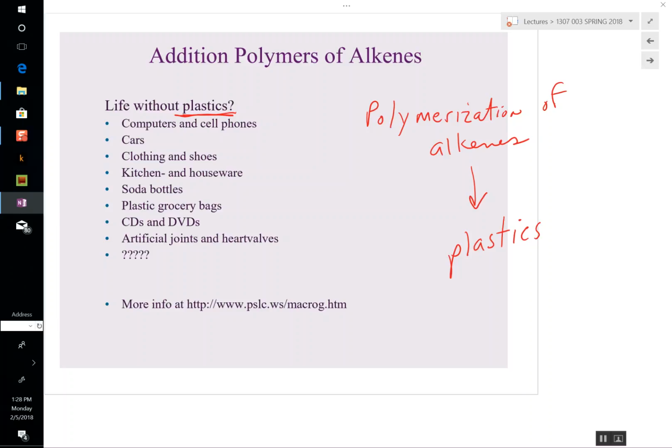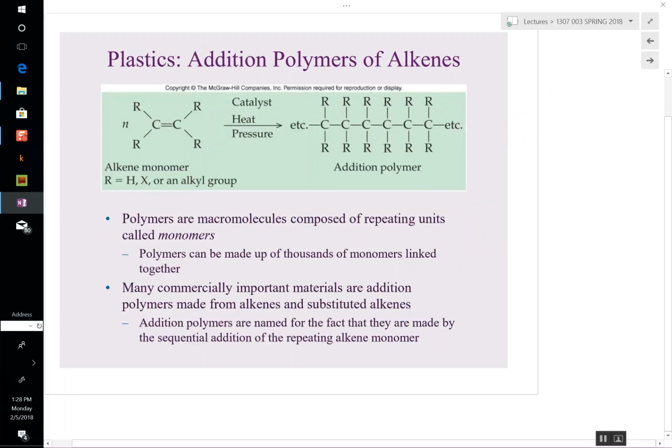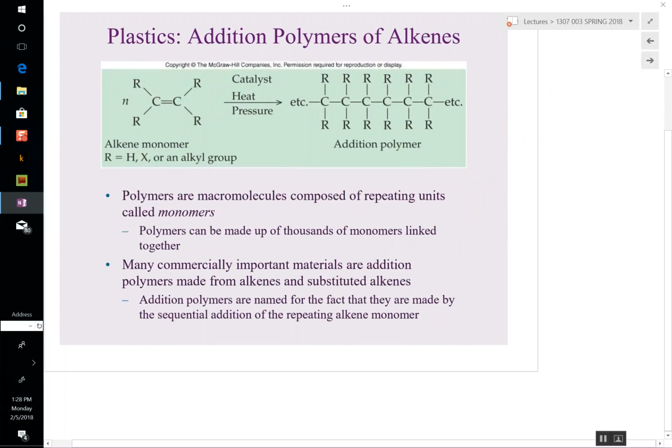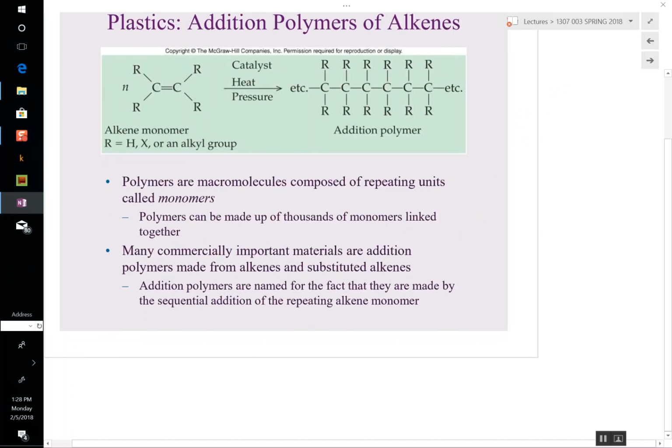Ziploc baggies, milk jugs. We're going to look at where these plastics come from. Here's kind of laying it out. There's your monomer, your beginning alkene molecule. And you are polymerizing it. It's an addition polymer.